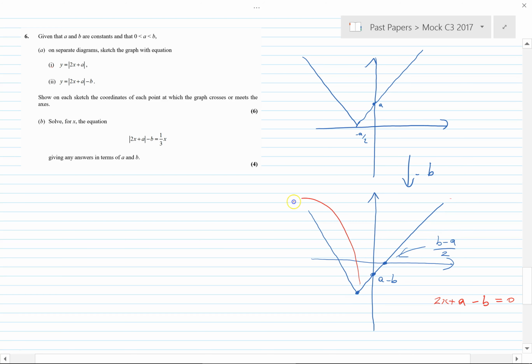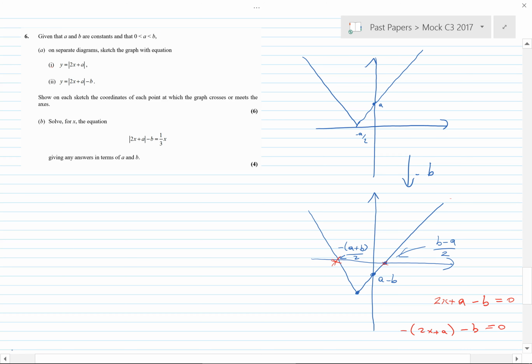Now if I consider this part of the graph here, where the coordinate crosses here, that part of the graph is exactly when we've got minus 2x plus a minus b equals 0. And rearranging that, I get minus bracket a plus b over 2. So a little bit fiddly, but that's it, 6 marks for that.